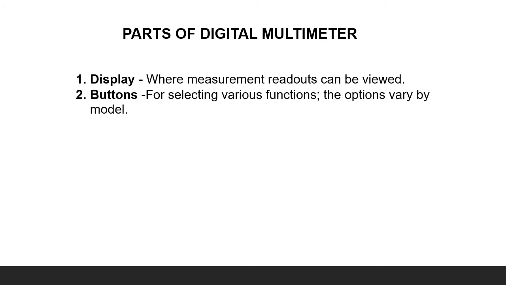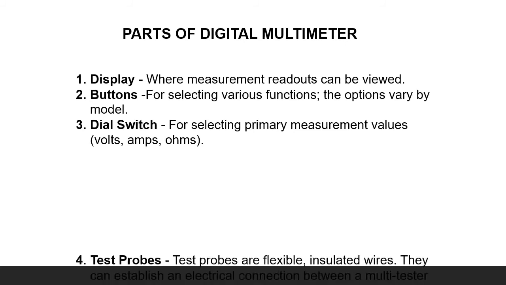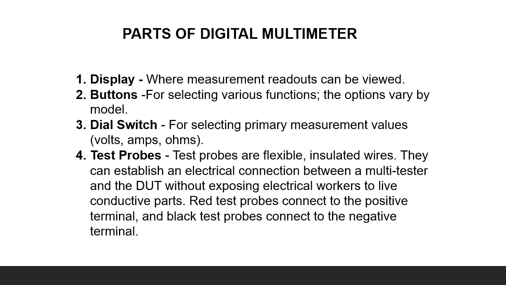The options vary by model. 3. Dial switch. For selecting primary measurement values. 4. Test probes. They are flexible, insulated wires. They can establish electrical connection between a multi-tester and a DUT without exposing electrical workers to live conductive parts. Again, same with analog, red is for positive and black is for negative.